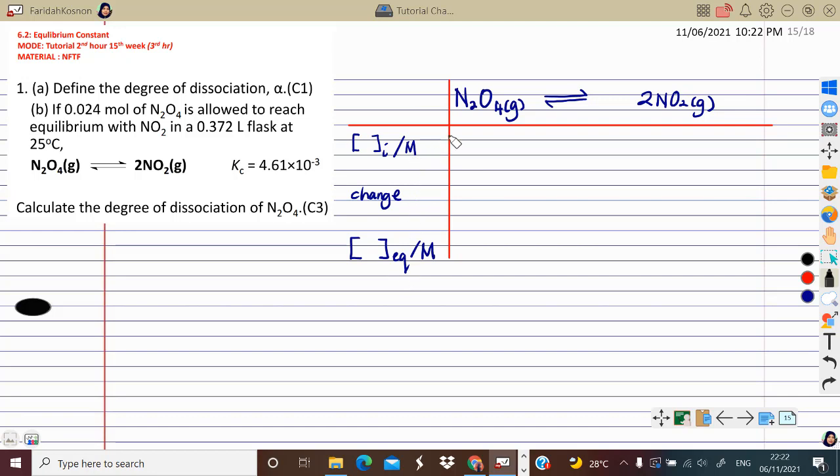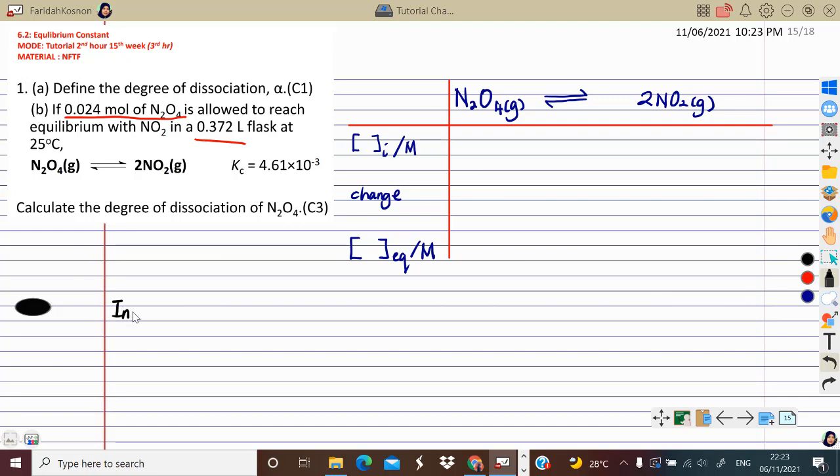Okay, so now if you refer to the table, kita perlukan initial concentration of N2O4. So from the information given, we have initial mole of N2O4 and the volume of the flask. So you boleh buat ataupun tunjukkan jalan kerja di tepi ini.